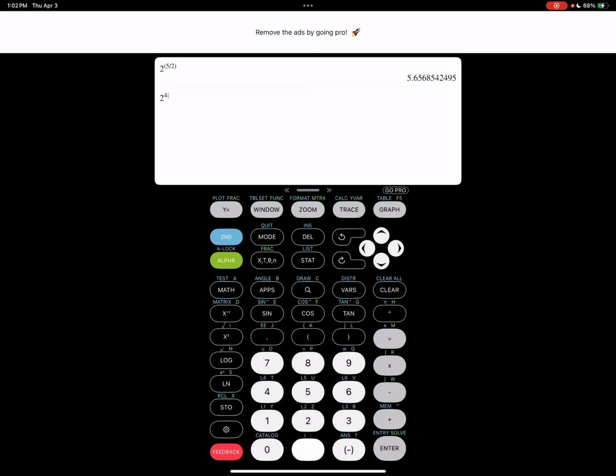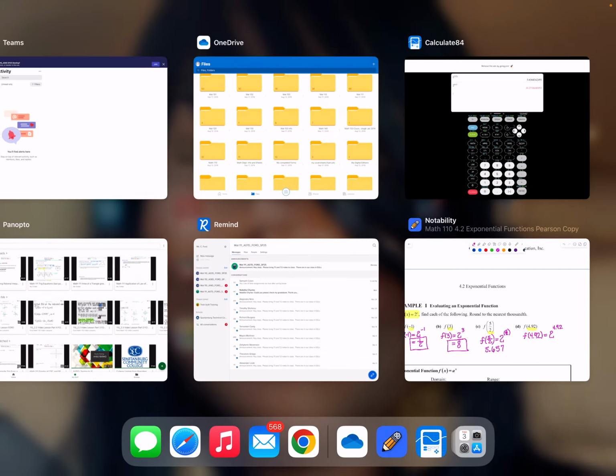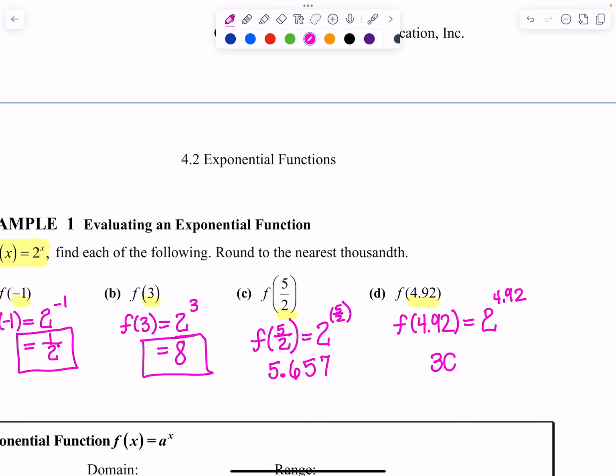Then I just put this in because it's already raised to that power, and it gives me 30.23. I look at that 3, and that 8 determines that my 3 moves up to a 4. So 30.274. Now, this is the end of the first part.